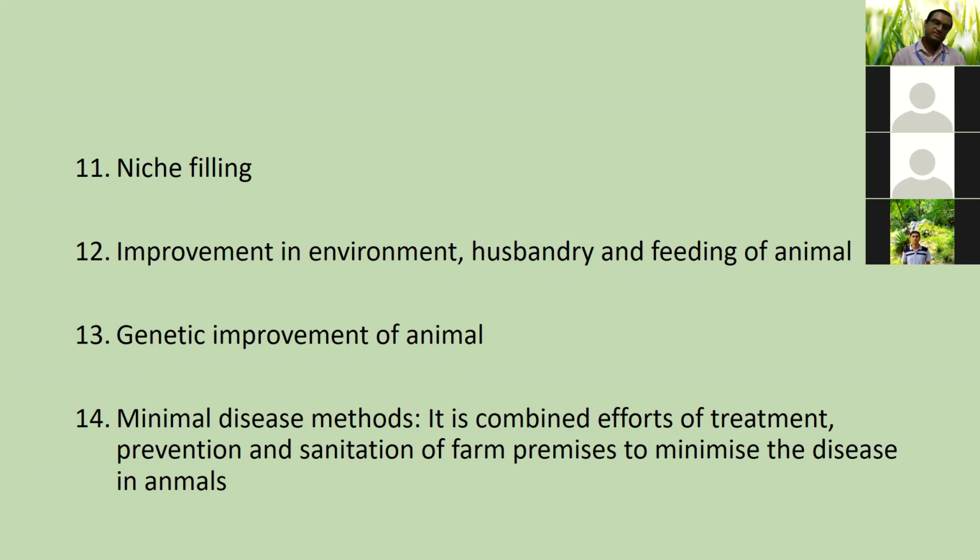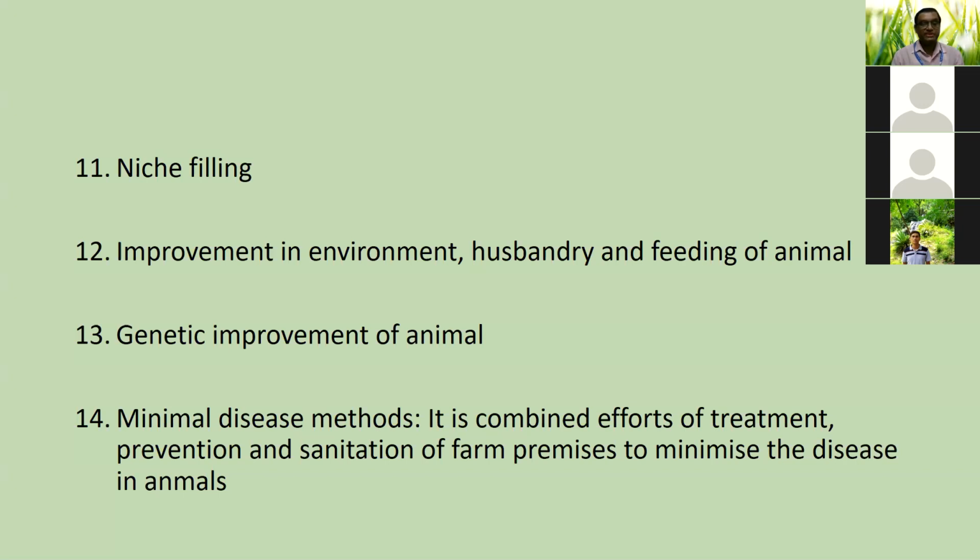Then the last method is the minimal disease method. By this method, it is the combined effort of treatment, prevention, and sanitation of farm premises to minimize the disease. So if you have an intensive farming system in an area, in a country, the farm should be clean. They should maintain sanitation.